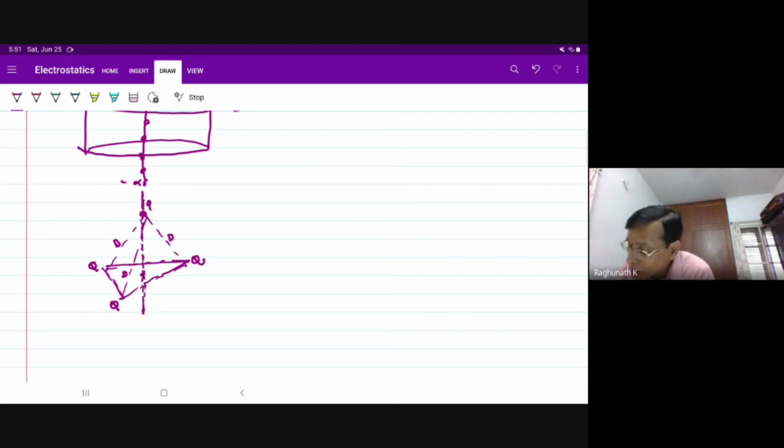If I keep a small charge q, that small charge q in this particular case will experience only the vertical component of the force.